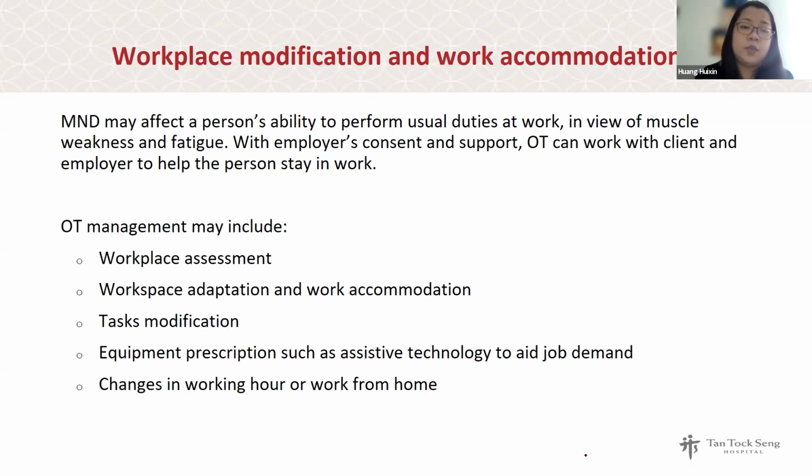The management that we have, we can do a workplace assessment to assess what things the patient needs to do at work. With that, we are able to give some suggestions on how we can modify a task and also the job accommodation.